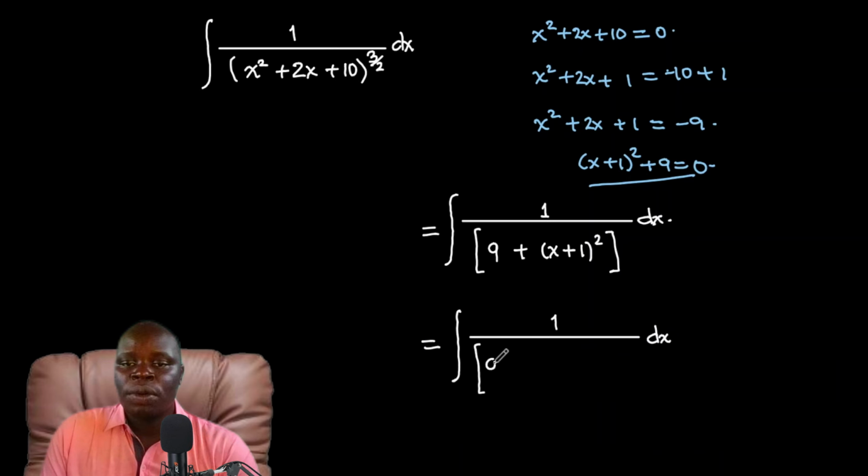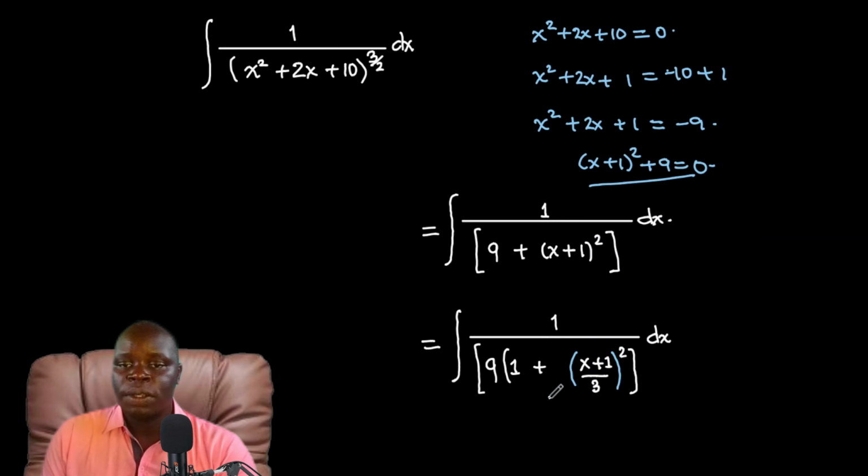So when we pull out 9, then we open up this bracket, we shall have here 1 plus, here I need to create another special bracket inside here, and what we're going to fill in is the inside part of this bracket, that is x plus 1 over, so let me bring 3 here and the square outside here, closing up this bracket.